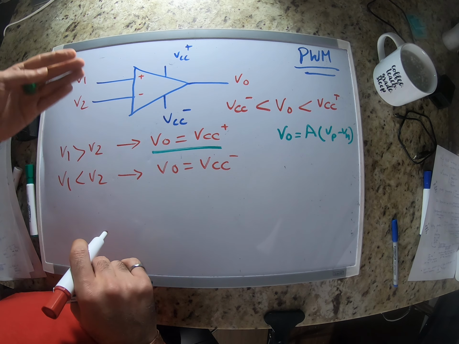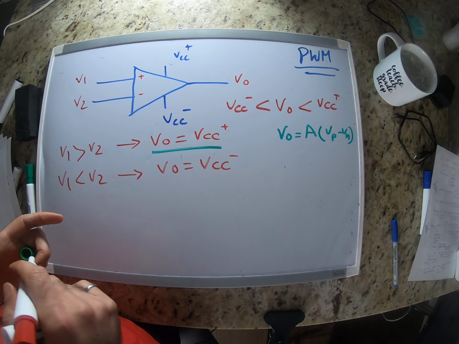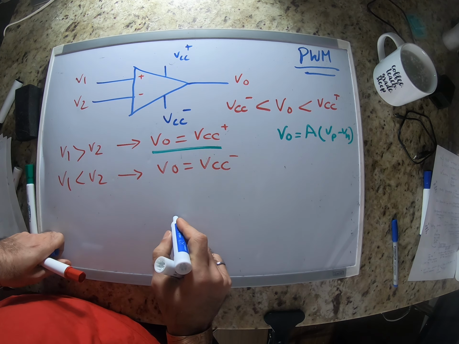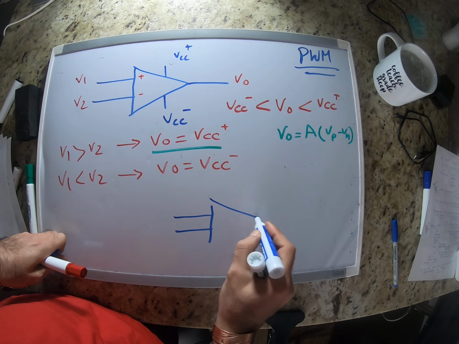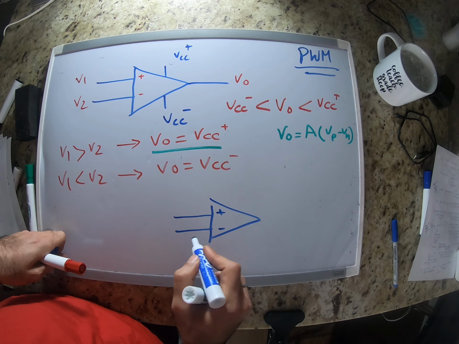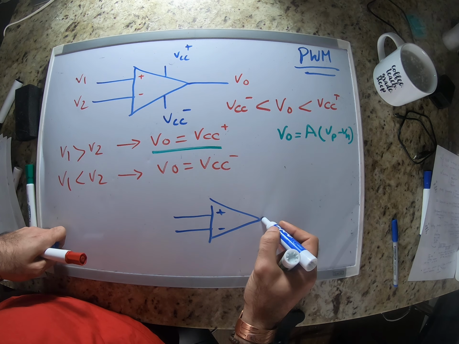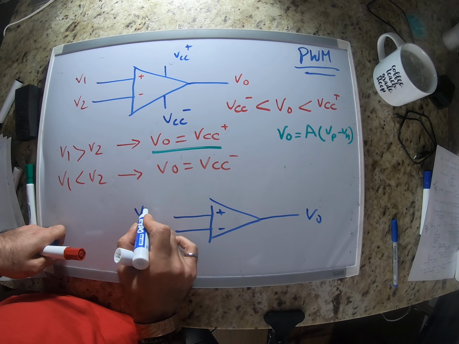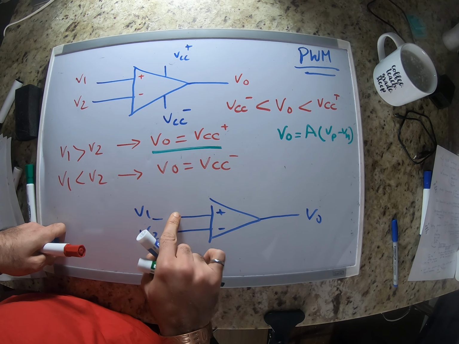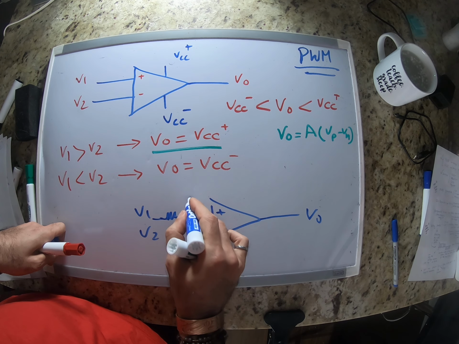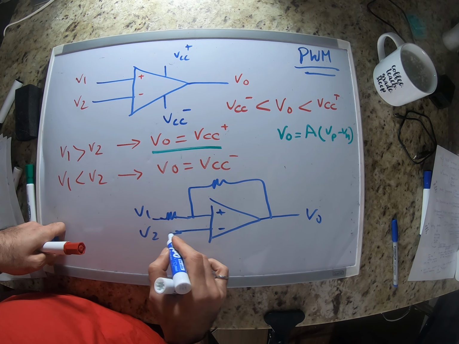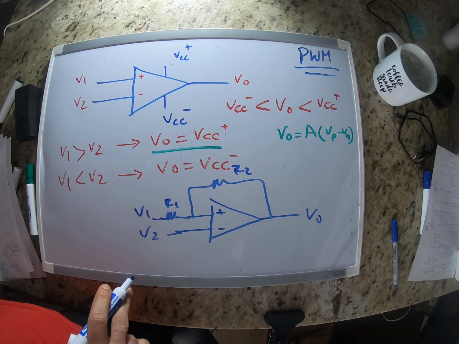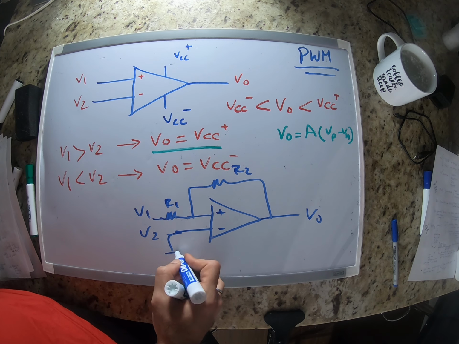Of course, this is not a practical circuit, and if you remember from 3130, you can improve this by using a Schmitt trigger instead of just an open loop op amp. This is not part of the course, by the way, but I just wanted to remind you that we can have something like this. R1, R2, and this is grounded.